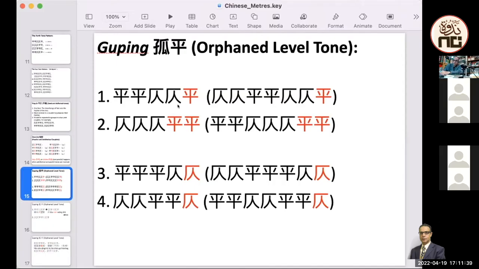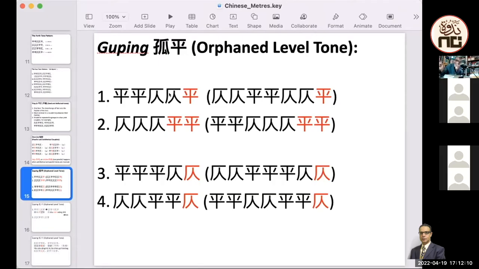Let me give you an example here. For example, let's say the poet will change the first character here, this ping, into tsu. What will happen? We will have something called Kuping, because the 2 ping left to us are separated by 2 or 3 tsu.